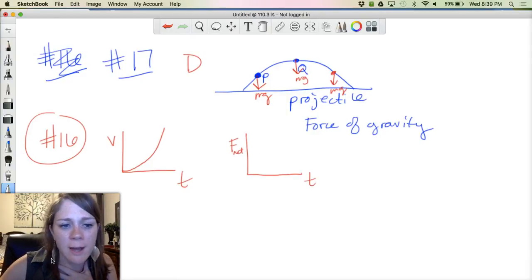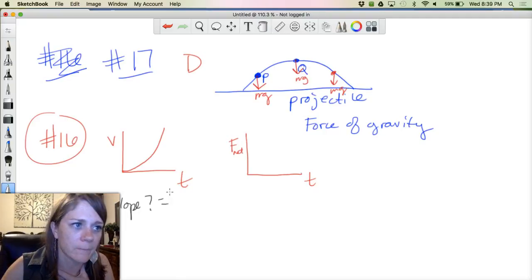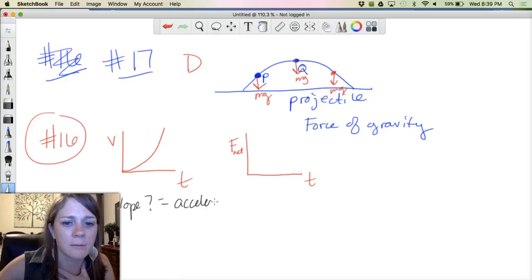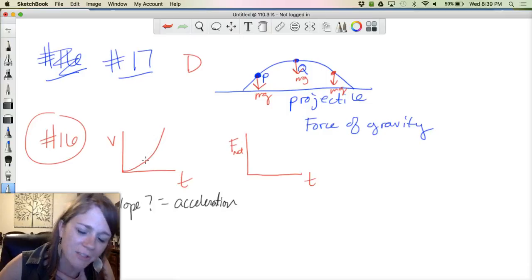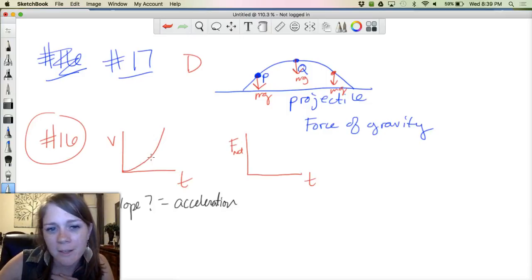So if I look at this velocity graph here, what does the slope of a velocity time graph tell us? The slope of a velocity time graph is acceleration. Thank you, Mr. Deese. Is the slope of this velocity time graph constant, or does it change? Well, we ask ourselves, draw some tangent lines, right?